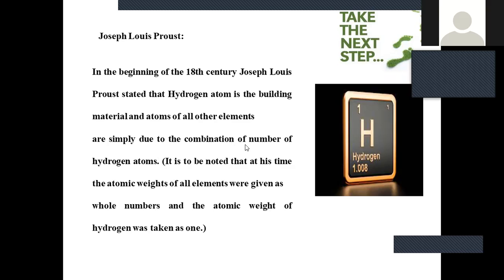Due to the simple combination of a number of hydrogen atoms, he noted that atomic weights of the elements were whole numbers, and the atomic weight of hydrogen was taken as 1. His theory is not exactly scientific, but one important point he assumed is exactly right till now also.